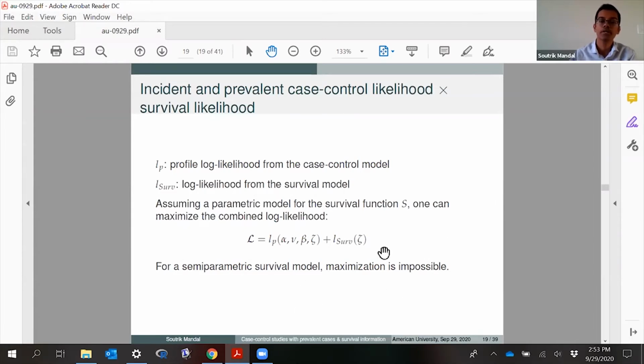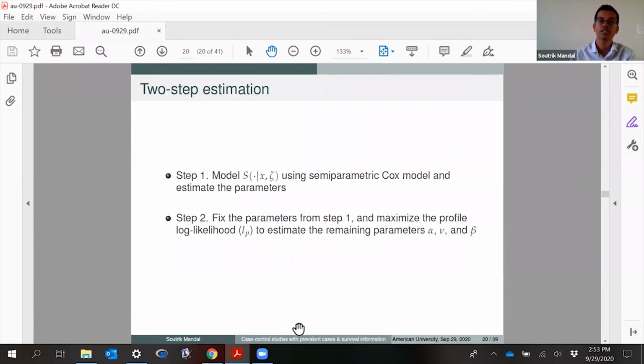So for the semi-parametric survival model, we propose a two-step estimation method. In step 1, we model the survival function using the semi-parametric Cox model and estimate the parameters. In step 2, we fix the parameters from step 1 and maximize the profile log likelihood LP to estimate the remaining parameters alpha, nu, and beta.